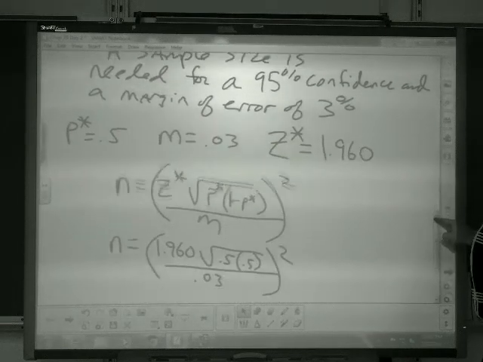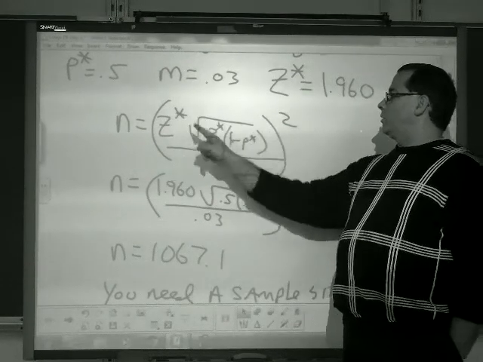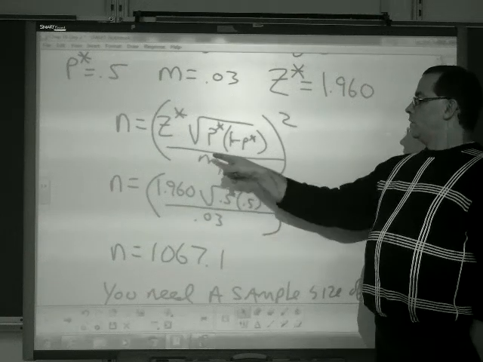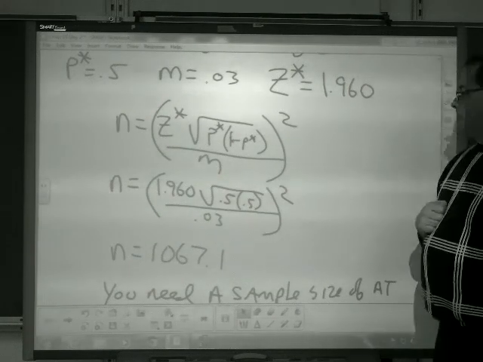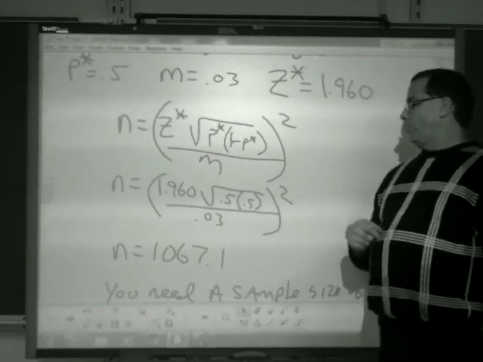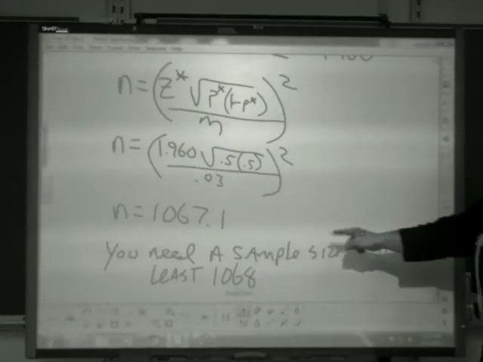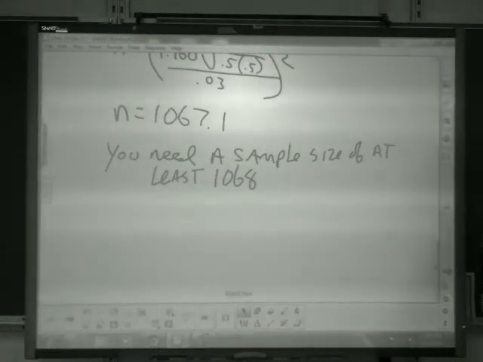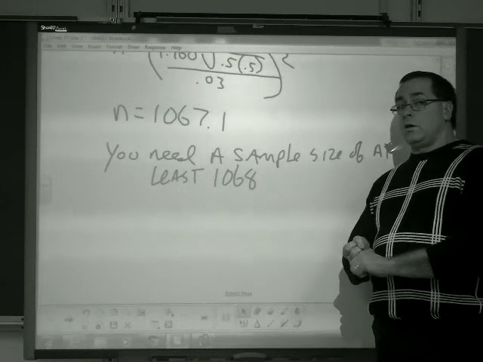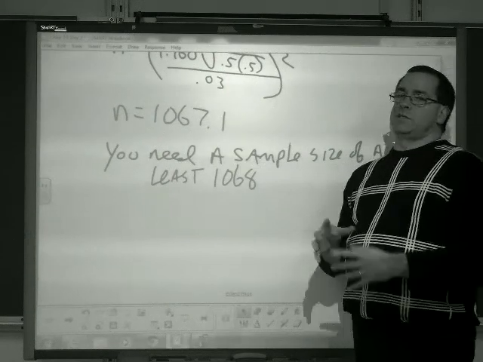And now, plug and chug. Take this formula, 1.960, square root of 0.5 times 0.5, 0.03 on the bottom. Take this whole value and square it. I got 1067.1, but again, round up, 1068. So if I want to be 95% confident about anything with only a 3% error, I need to talk to 1,068 people.